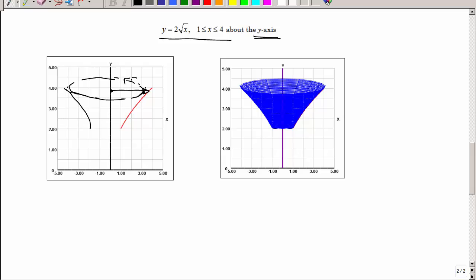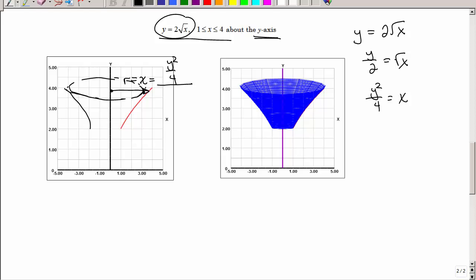R is the distance from my axis of revolution. Since it's horizontal, it's x. Now, do I know what x equals to? Well, I could solve that for x. So let's see. If I needed to, if I divided by 2 and squared both sides, I know that is equal to x.